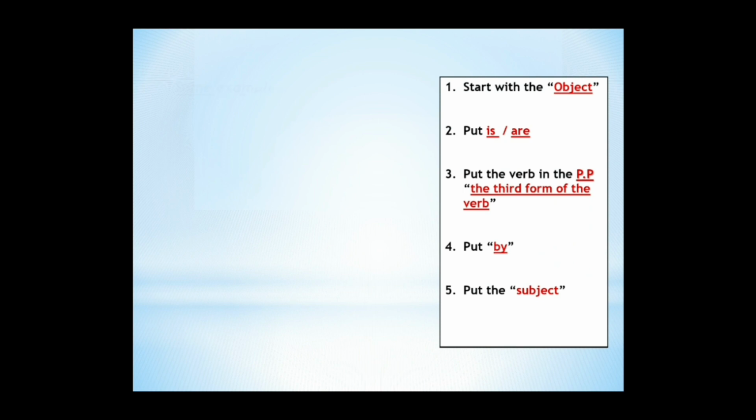Let's start. My mom sings that song. We already answered this before, so let's focus on it again. My mom is the subject, sings is the verb, that song is the object. You have to put the subject, the verb, and the object into circles here to identify them before answering the passive sentences.